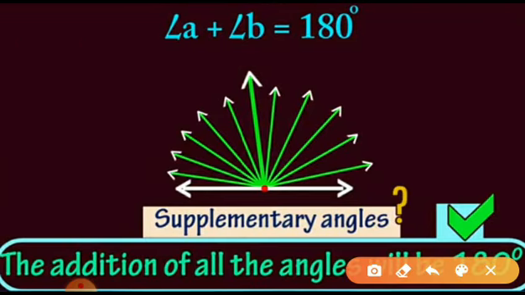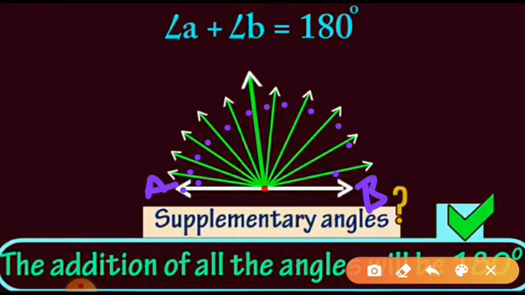Now here the single line, suppose this line is AB, I have divided into how many parts? Just see, 1, 2, 3, 4, 5, 6, 7, 8, 9, 10, 11, 12. 12 parts.